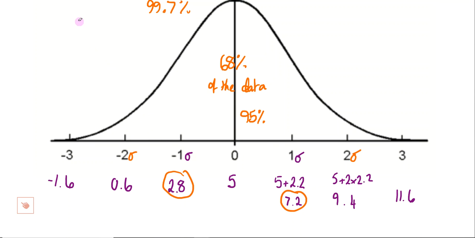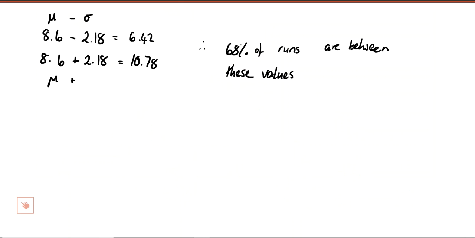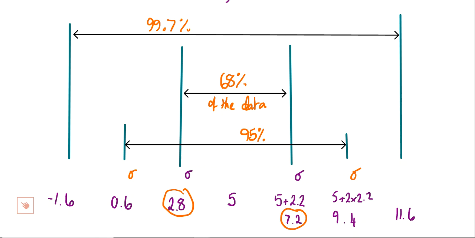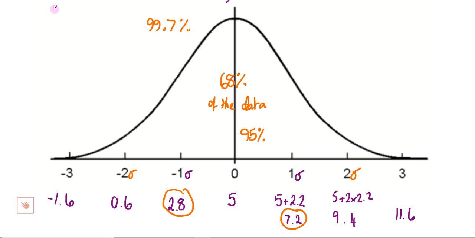Right. So now I can say, let's just stick with that, I can say the mean is not 5 in this case. It is 8.6, and the standard deviation is 2.18, did we say?